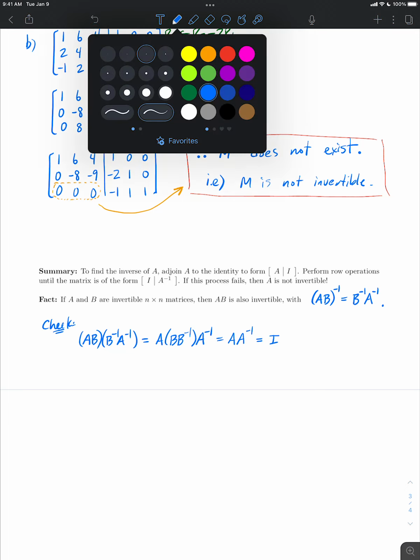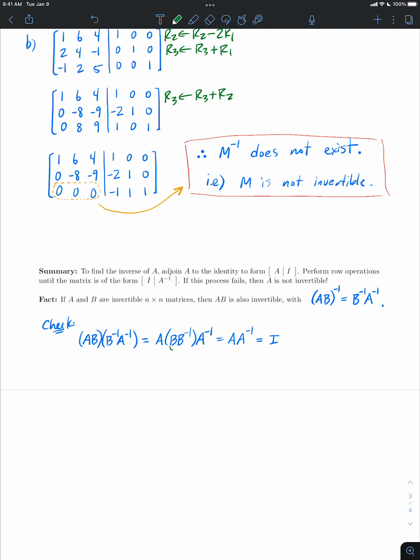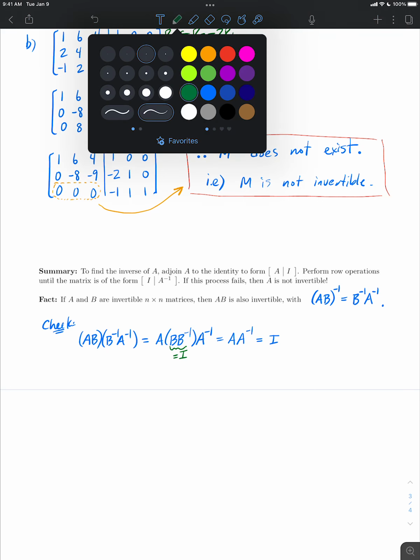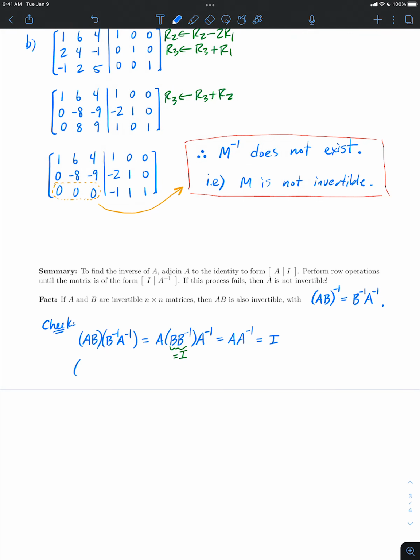Let me just clarify, let me add an annotation here. This is equal to the identity. Okay, and that's why the next step was just A times A inverse, because it's really A times the identity times A inverse, but multiplying by the identity doesn't change anything, so you can just omit it. So that gives you the identity if you multiply them in this direction, but remember you also have to check the other order of multiplication.